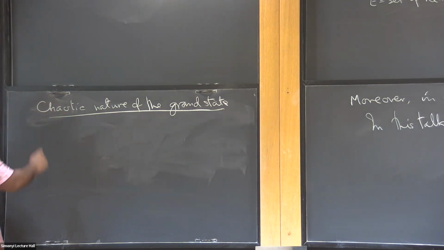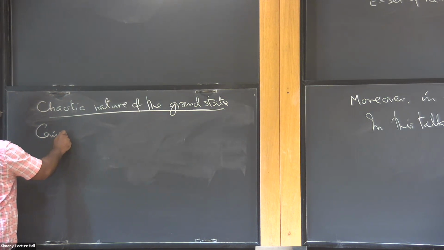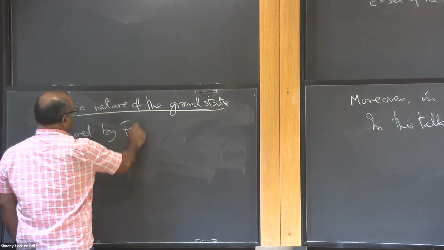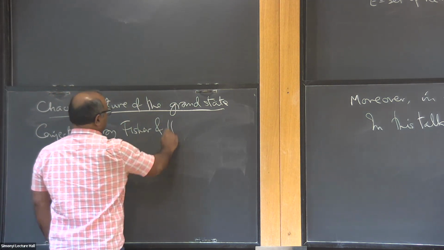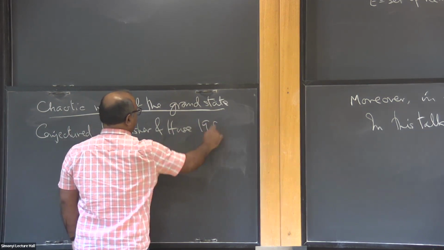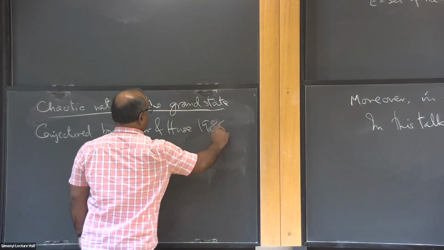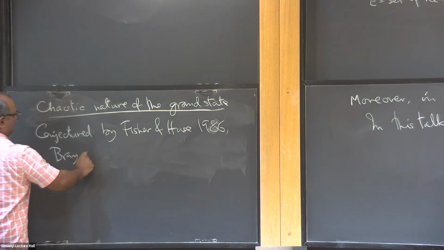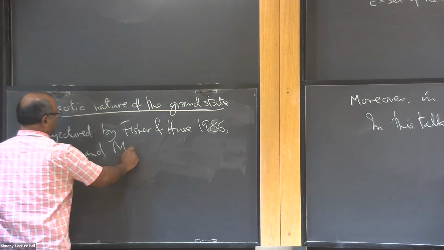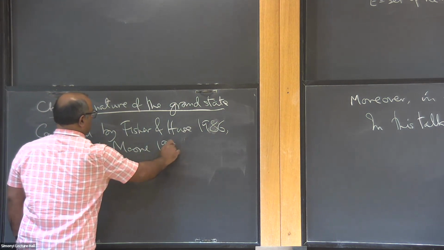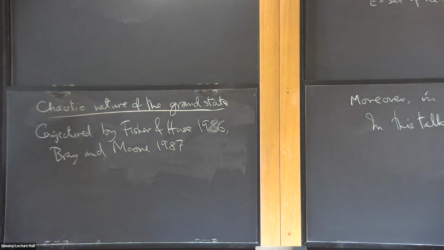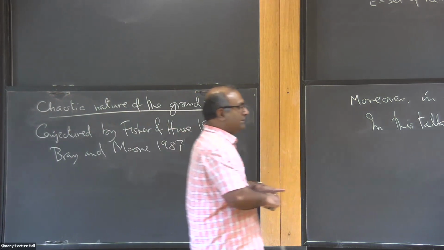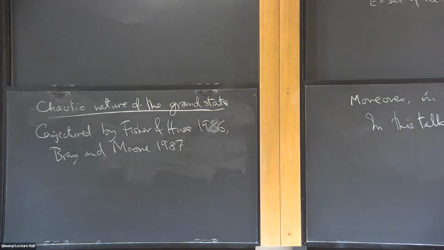This was conjectured by Fisher and Huse in 1986, and also by Bray and Moore in 1987. The conjecture is that the ground state is chaotic with respect to small perturbations of the disorder. I'll make clear what that means in a minute.